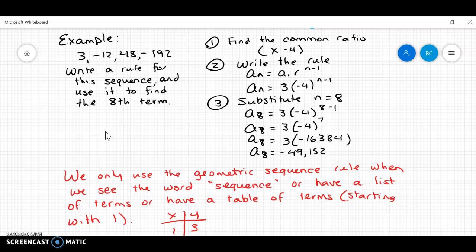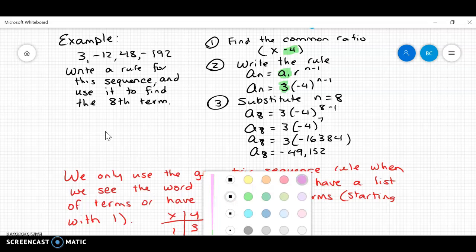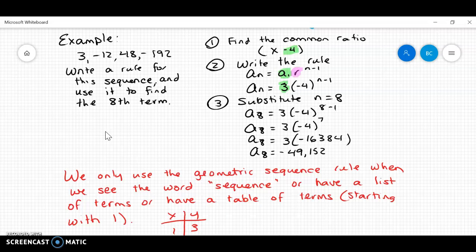In this case, my common ratio is times -4. And then I'm going to write the rule. I'm going to start with my first term, which is 3. I'm going to then multiply times my common ratio, which in this case is -4.